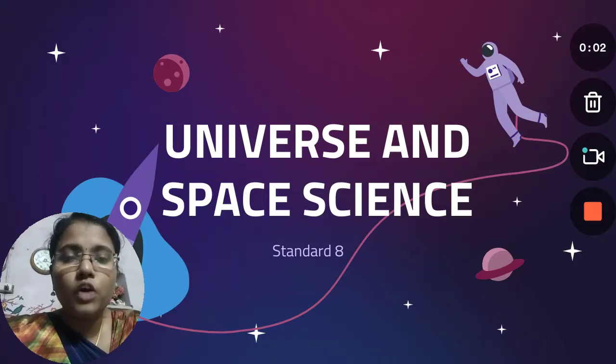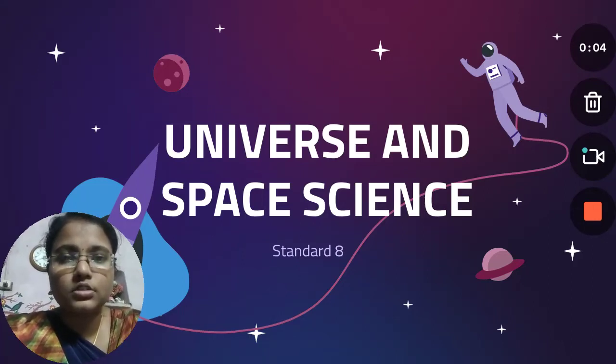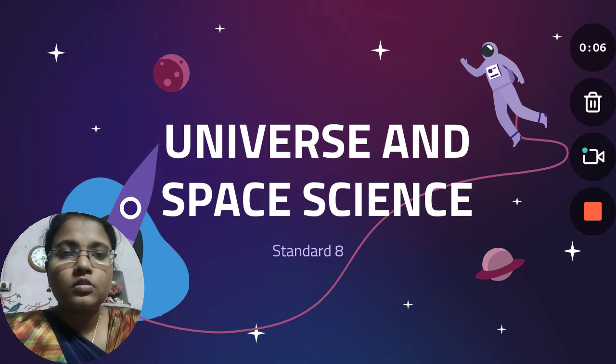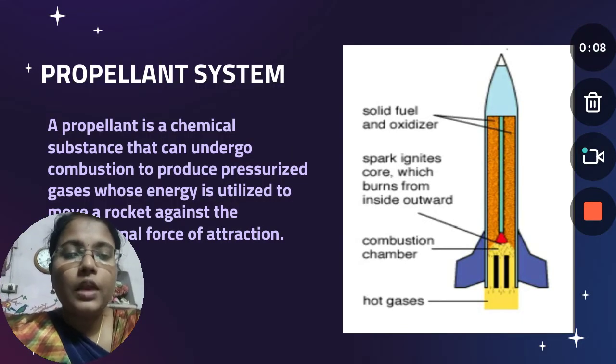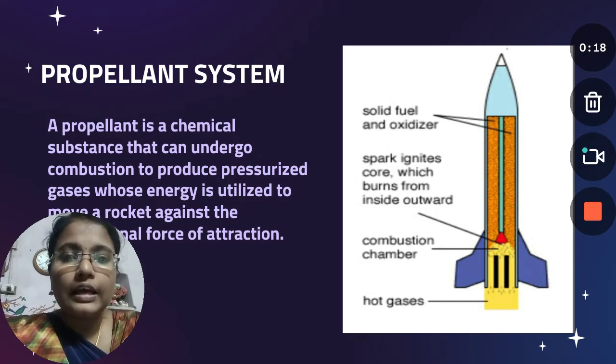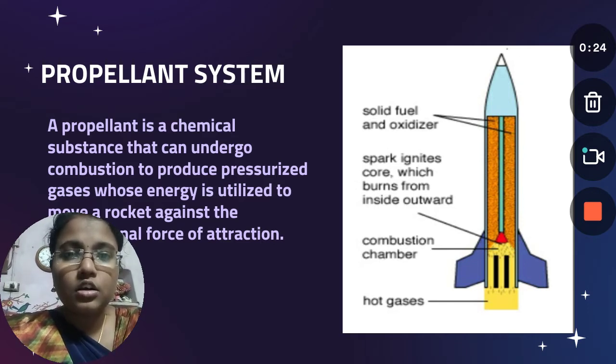Today, we are going to learn about propellants. A propellant is a mass that is expelled or expanded in such a way as to create a thrust or other motive force in accordance with Newton's third law of motion and propel a vehicle, projectile, or fluid payload.